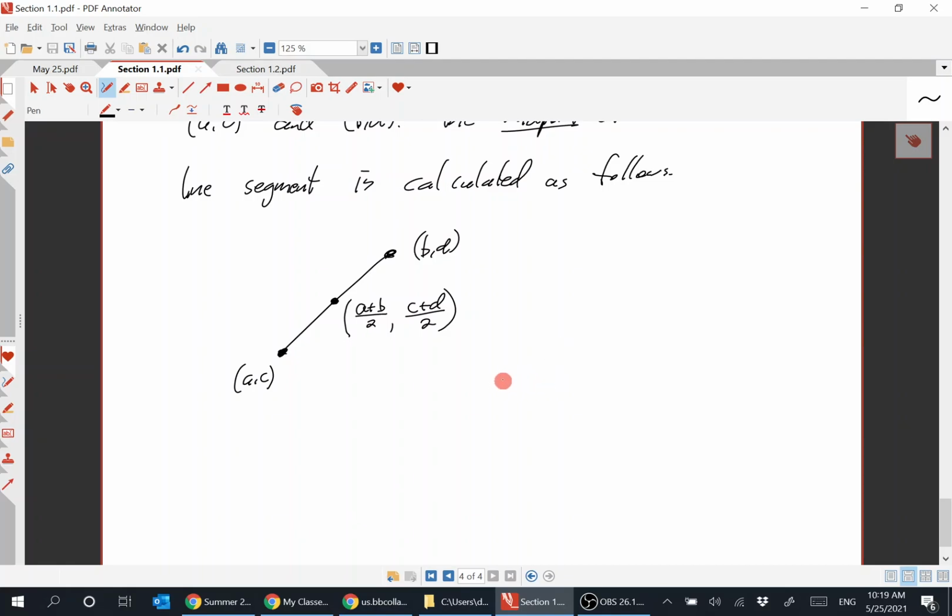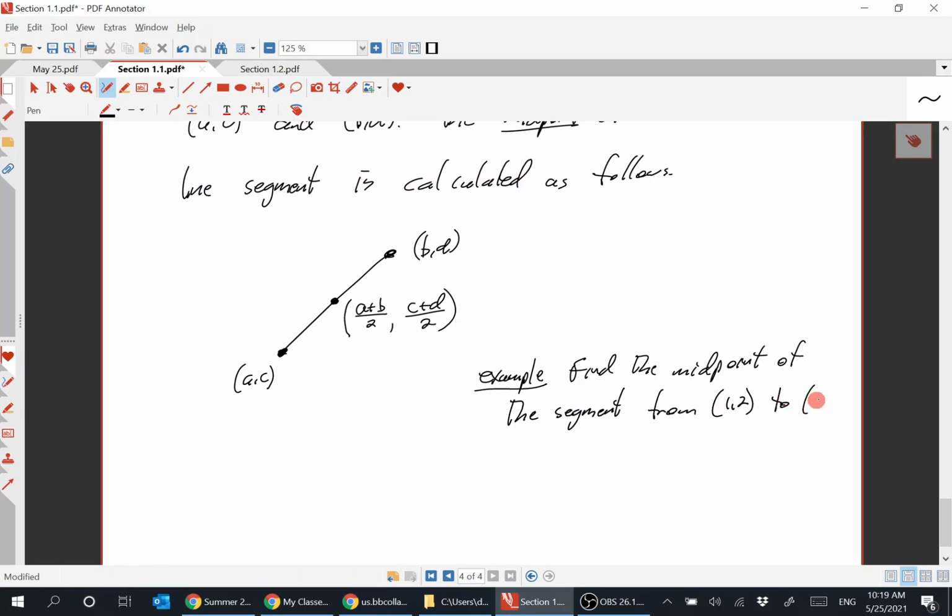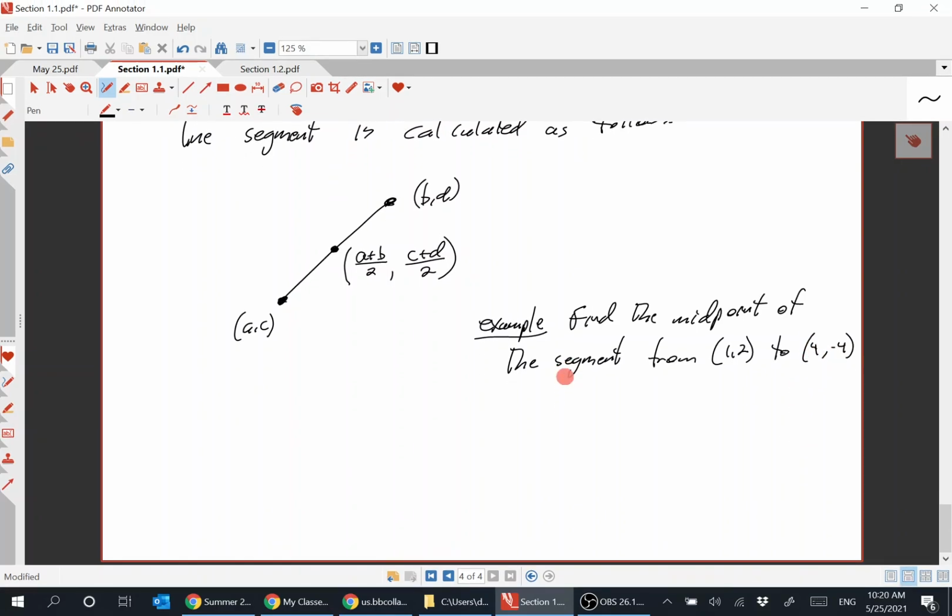So for example, find the midpoint of the segment from 1, 2 to 4, -4. I've got my 4, -4, it's going to be down here.